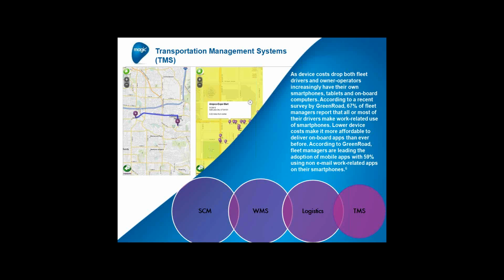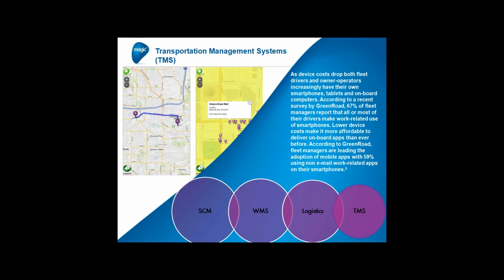The TMS systems are quite interesting because as device costs are dropping, fleet drivers, owner-operators are continually having more and more access to smartphones, tablets, onboard computers, and according to a recent survey by Green Road, 2/3 of fleet managers report that all or most of their drivers make work-related use of smartphones. So this is not the future, it's the now. Lower device costs make it more affordable to deliver onboard apps than ever before, and according to Green Road, fleet managers are leading the adoption of mobile apps with 60% using non-email work-related apps on their smartphones.